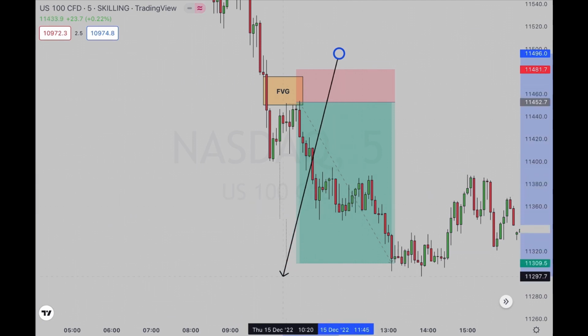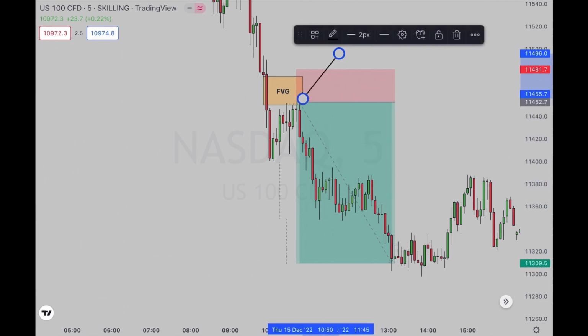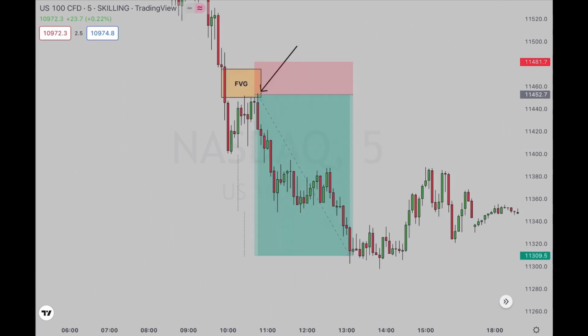And then we break down for our double symmetrical swing right there. Pinpoint take profits with this strategy. Okay, guys, so let's look at another example.